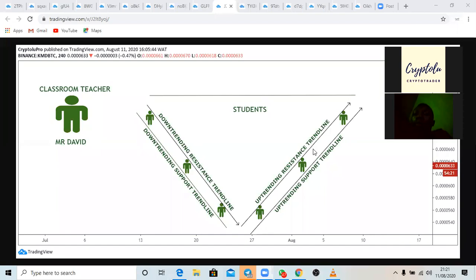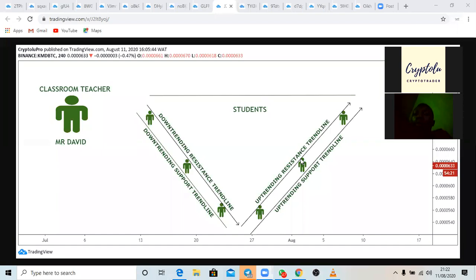Now, for retest. Now, let's assume that when this fourth student was placed outside that line, the fourth student came back to that line.